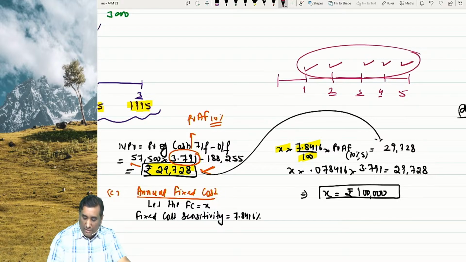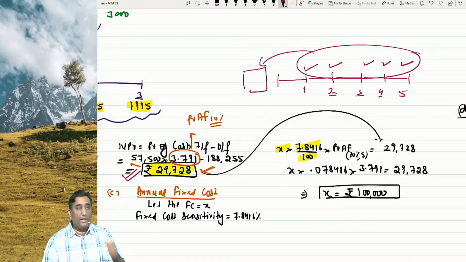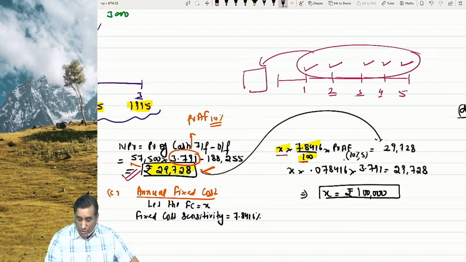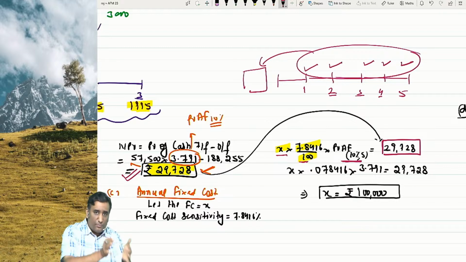And if you bring back to 0 period, in present value term, this should be equal to what? 29,728. We say X into this into annuity factor of cost of capital should give me a value equal to 29,728, because you have to increase your fixed cost in such a way that when I bring it back to 0 period, my NPV becomes 0.